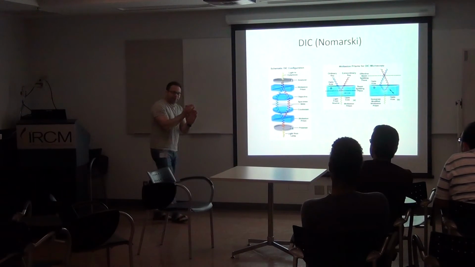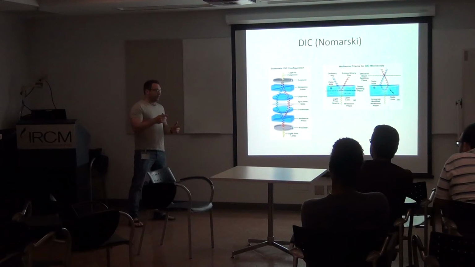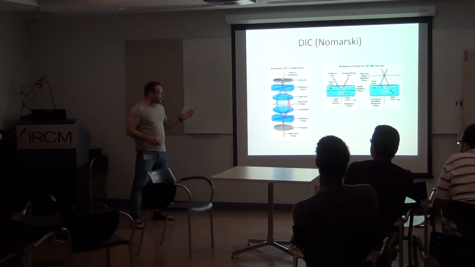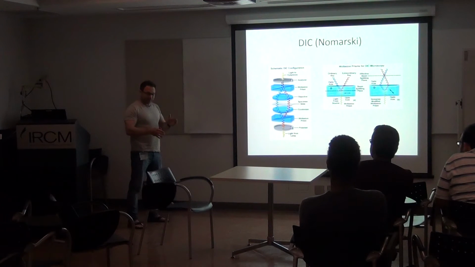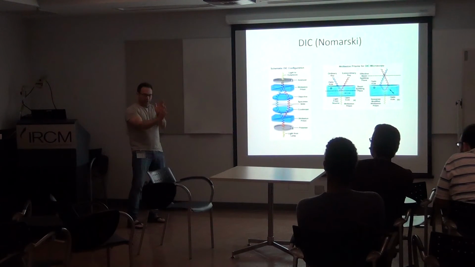And the difference in path is smaller than the resolution of the objective. And when it splits light into two different paths, light is not polarized in the same direction. So let's say you have one direction of polarization. When it exits the prism, it's split into two directions of polarization.